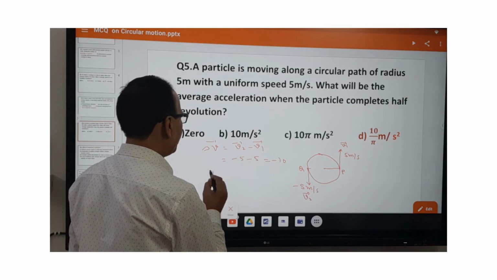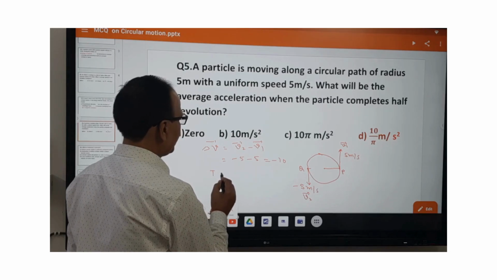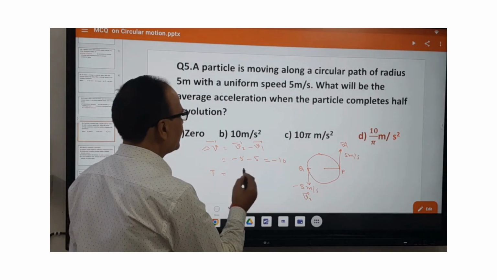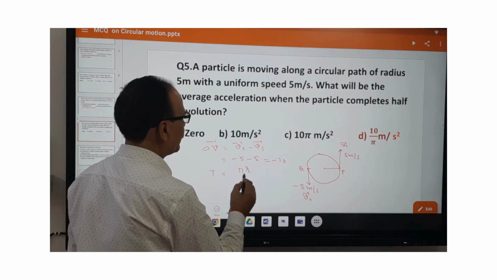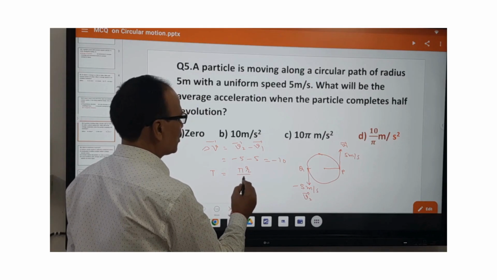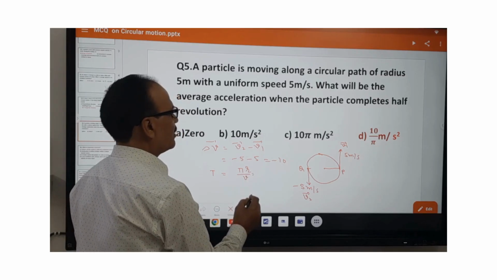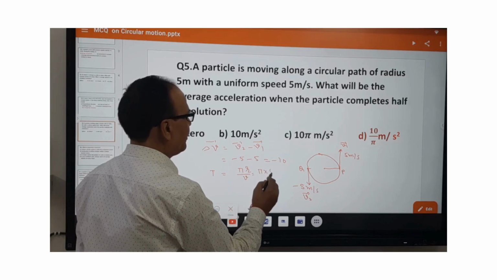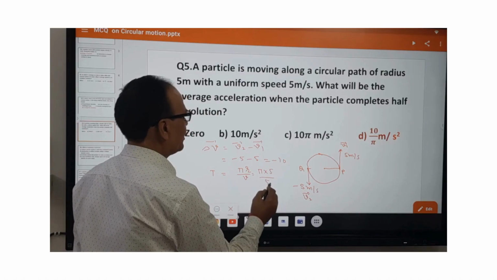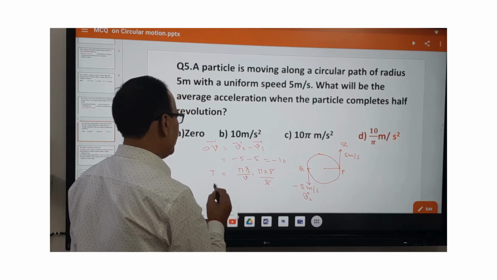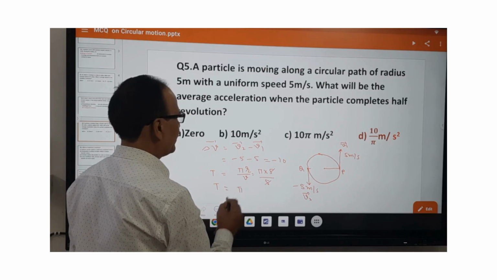So time is equal to pi r upon velocity v. So pi into r, 5, upon velocity, which is also 5. So t is equal to pi.